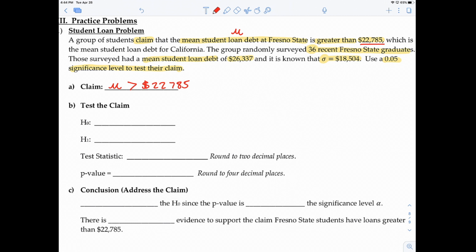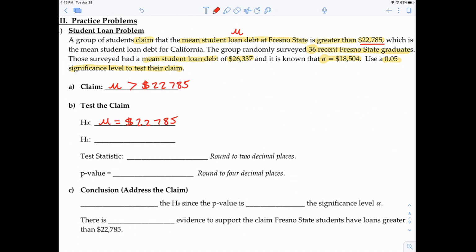And now we've got to test the claim, and that involves identifying the null and the alternative. The null hypothesis is always a statement that says there's no change or no difference in the parameter. In this case, there's no difference in the mean student loan debt, so the null says mu is equal to 22,785.